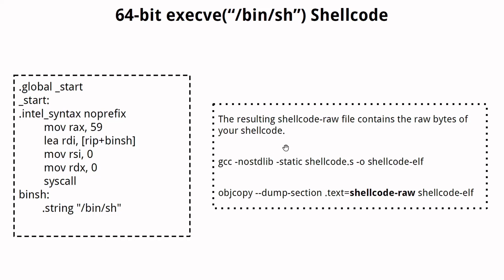You compile it as a static program. Then the output will be the shellcode ELF file. This ELF file will not have the C library functions. There is no main function either. Then you use the tool objcopy to dump the code section. Then you will get the several bytes you need.